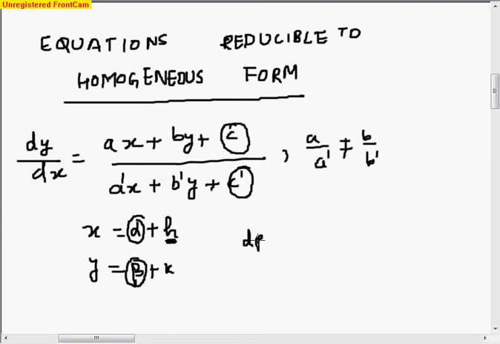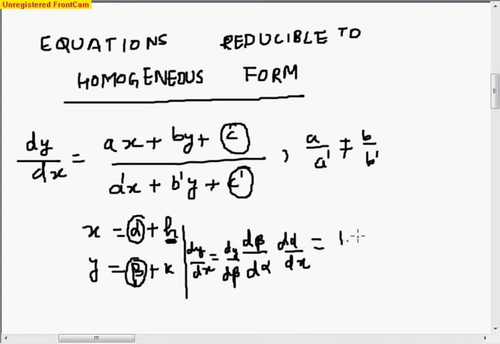Now dy by dx is equal to dy upon d beta into d beta upon d alpha into d alpha upon dx. Now from here what is dy by d beta, that is 1, and what is d alpha by dx, that is again 1.